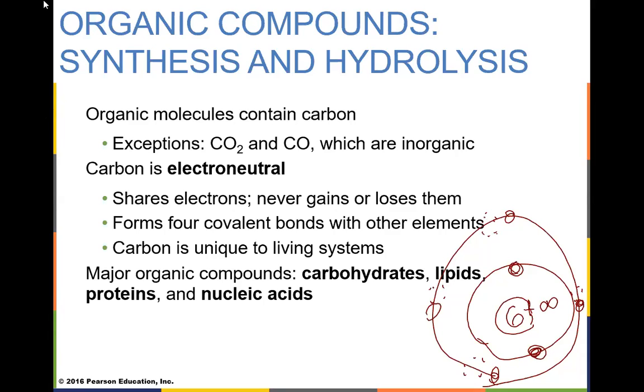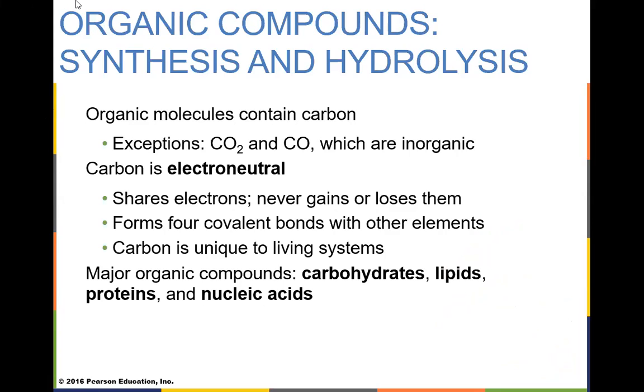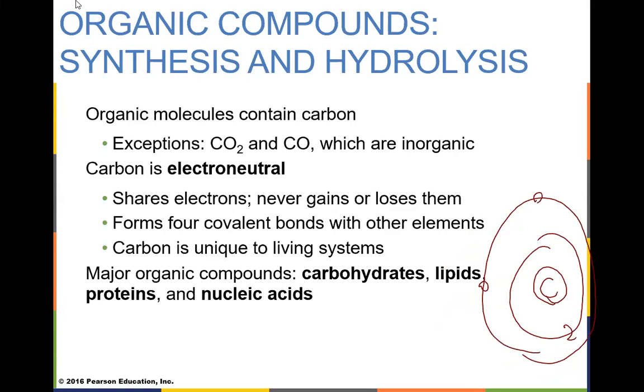For example, if we were to look at carbon, here's a carbon atom with its 2 electrons in its first shell and 4 electrons, 1, 2, 3, and 4 in its second shell. And here comes hydrogen with its 1 proton and its 1 electron here. Well, now if hydrogen is covalently bound to a carbon atom, now they're sharing their electrons.